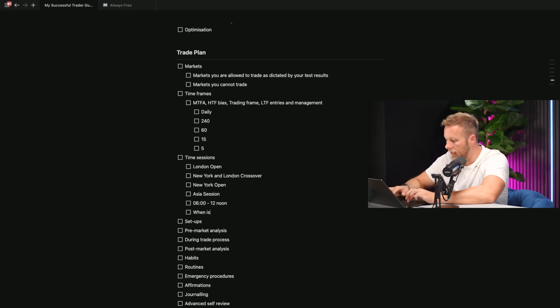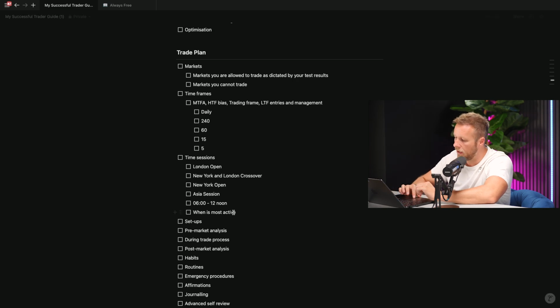Well, we don't want to be in that situation in trading because it's very difficult. You have to go back to square one to start making it profitable. So we don't want to do that, right? So time sessions are when you're going to be at the charts, and also when is most active for your strategy, okay? When is most active, right?